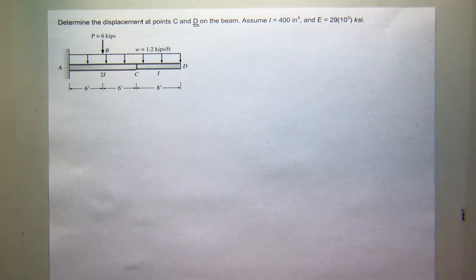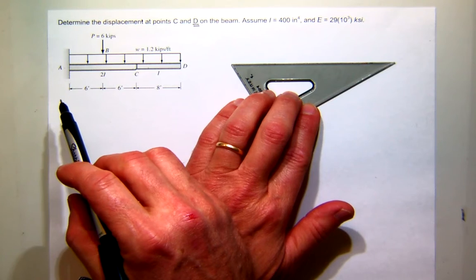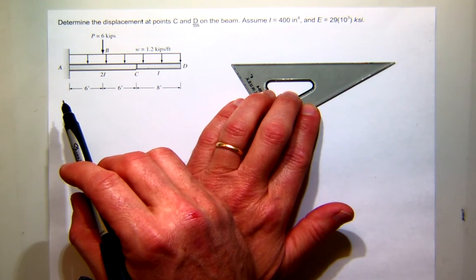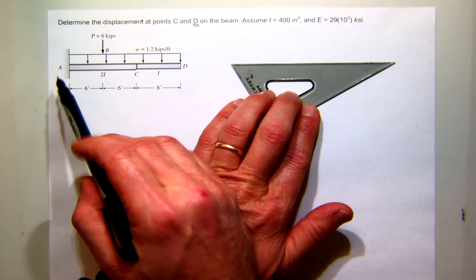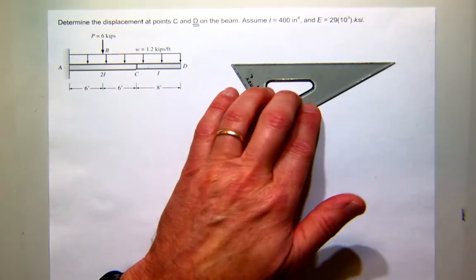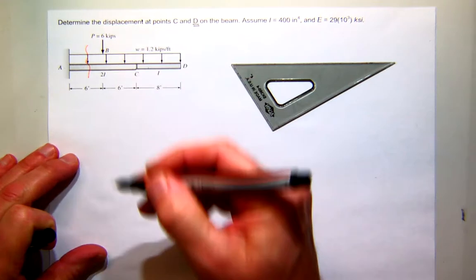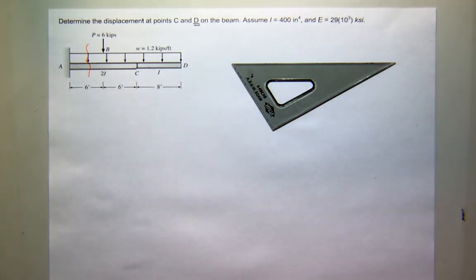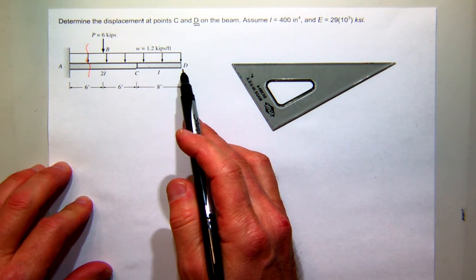So let's start this problem. The first thing I need to do is, let's see, what should I do? I think I'll avoid getting my reactions. So when I cut the structure somewhere here between 0 and 6, I will look at the right-hand side.